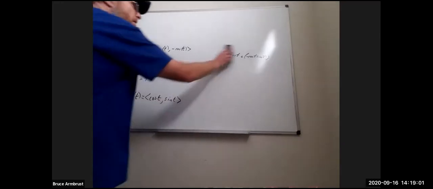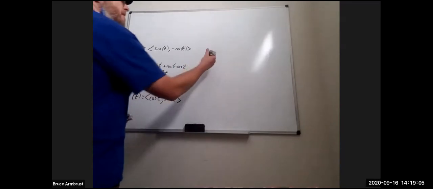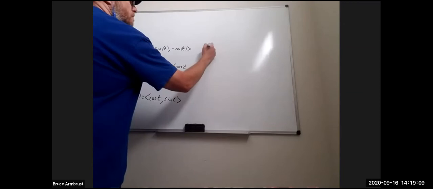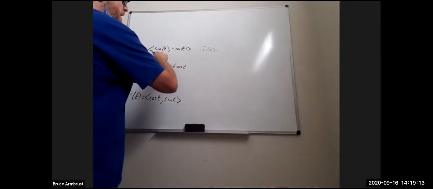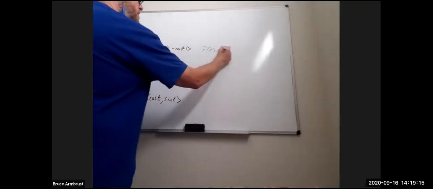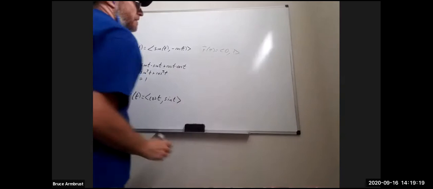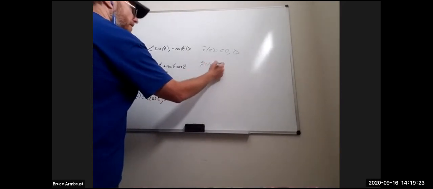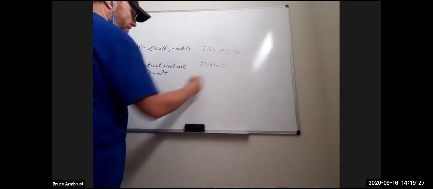But for example, let me just show you one. Like let's do r of pi. So that's going to be sine of pi, which is 0. Negative cosine of pi is negative negative 1, which is 1. So that's r. If we look at r prime of pi, cosine of pi is negative 1.